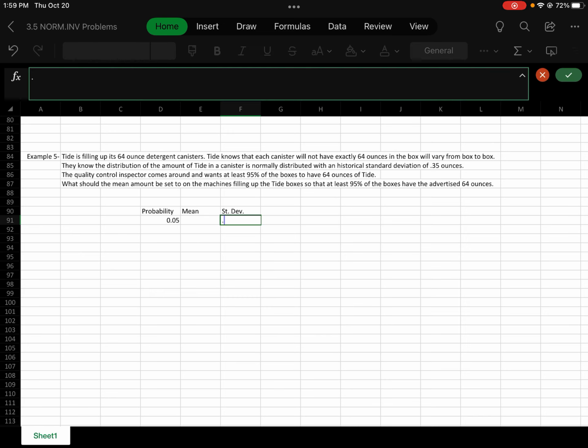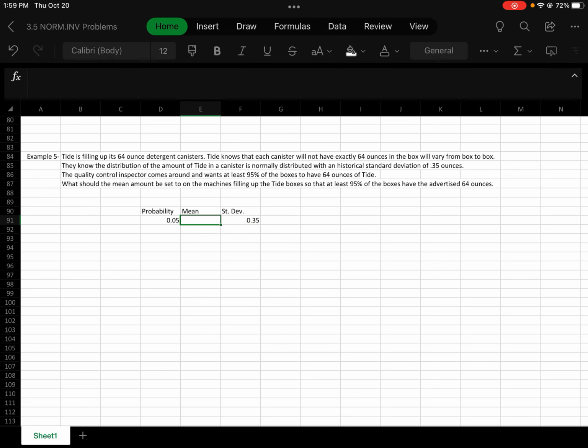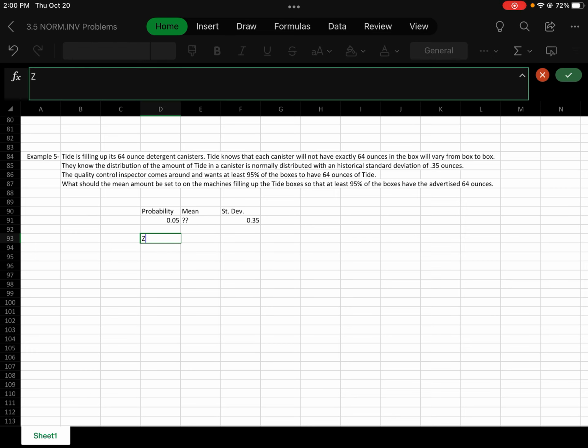I know the probability, and I know the standard deviation, 0.35, but I don't know the mean, and that's actually what I'm looking for. So what I need to do is use my z-score formula. If you remember, a z-score is x minus mu, which is the mean, divided by the standard deviation. This is the formula that I'm going to use.